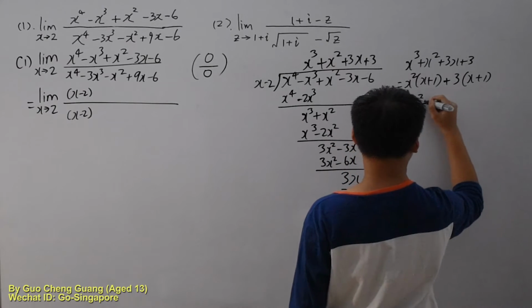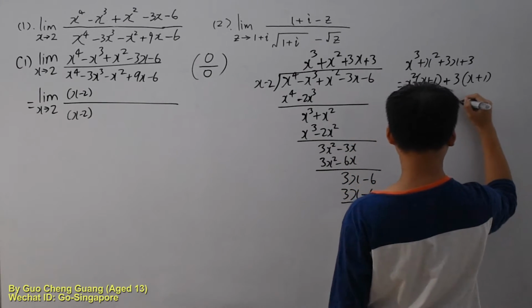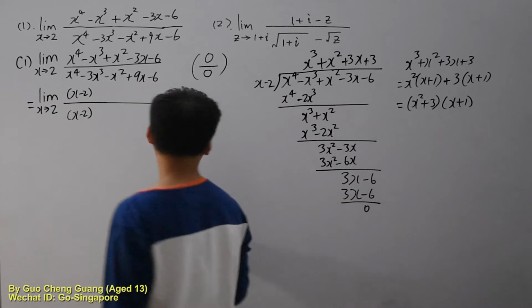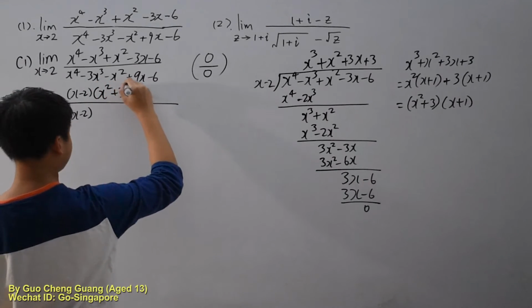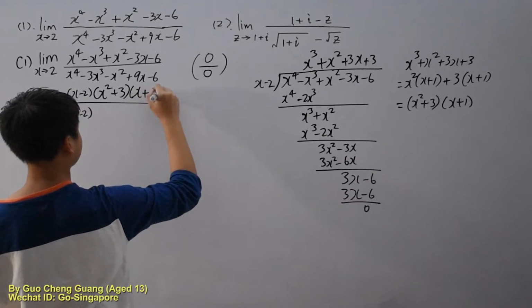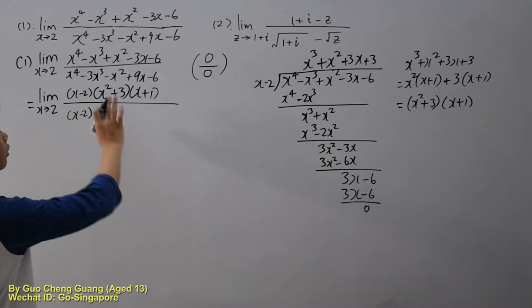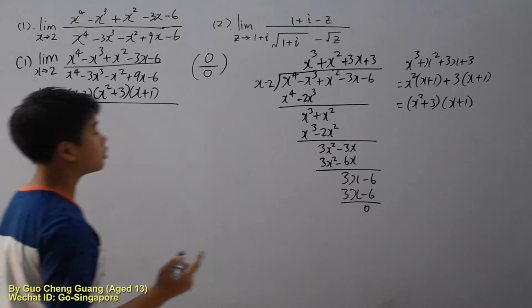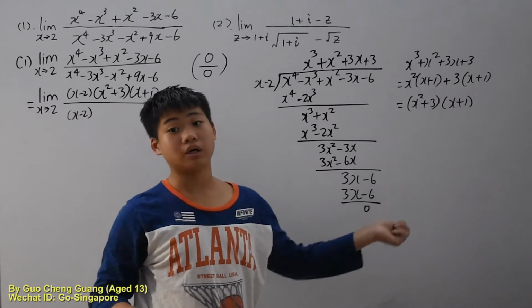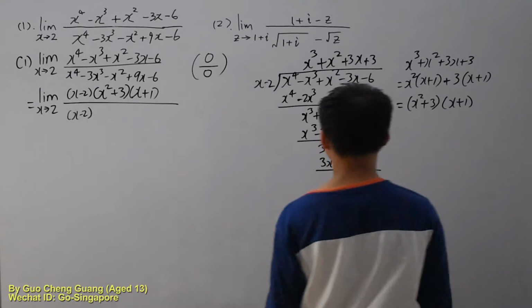Then you can combine them together and it will become this part. And thus, here you get x squared plus 3 and x plus 1. So right now we're just fully factorizing it. Then the same thing goes to the denominator, so I'll erase this part and replace it for the denominator.